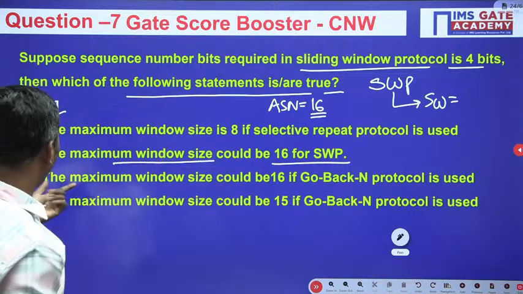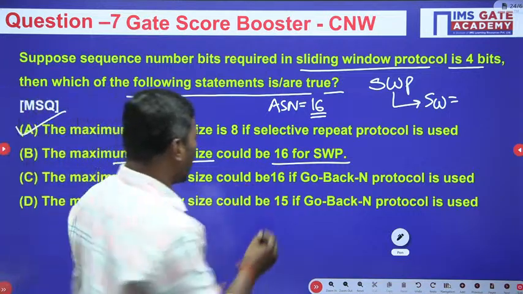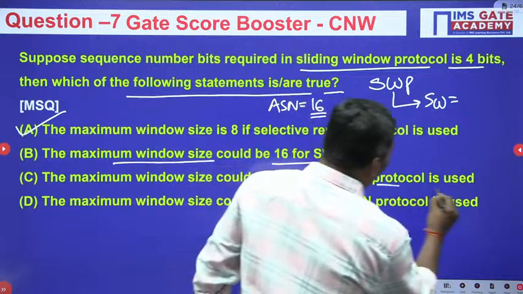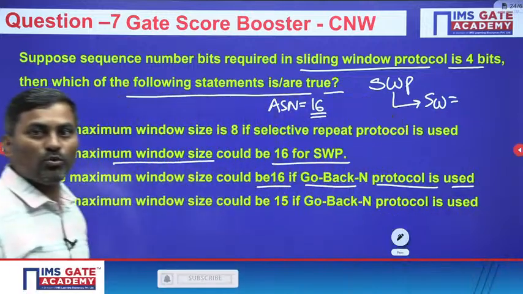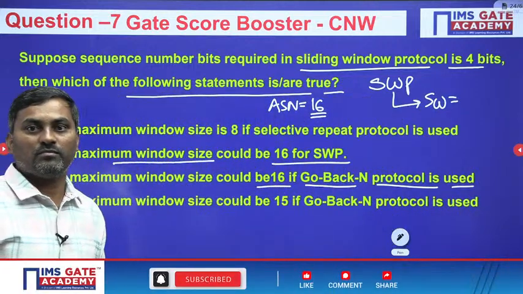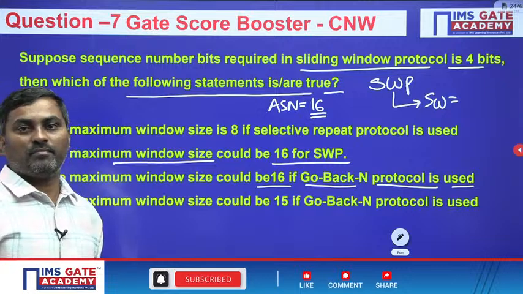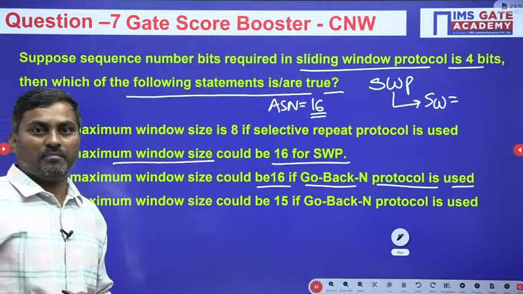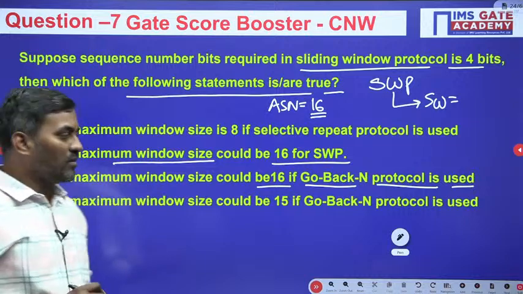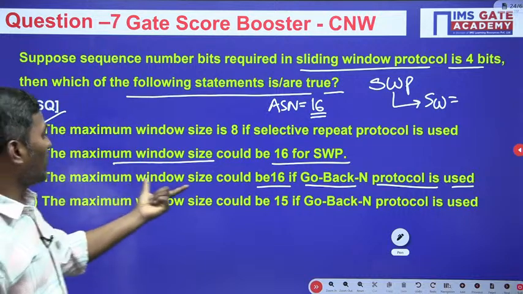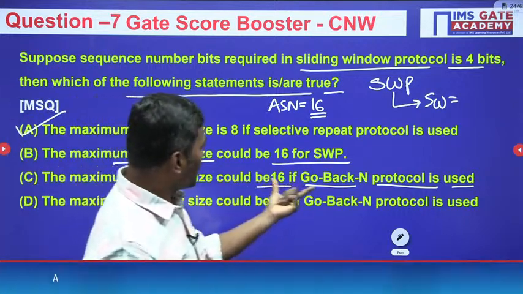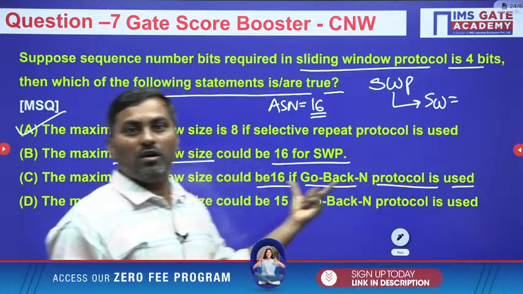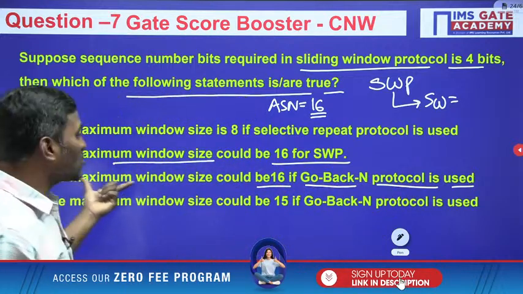Okay, doubt is there now. Maximum window size could be 16 if GBN protocol is used. Is it true? Option C is true or false?